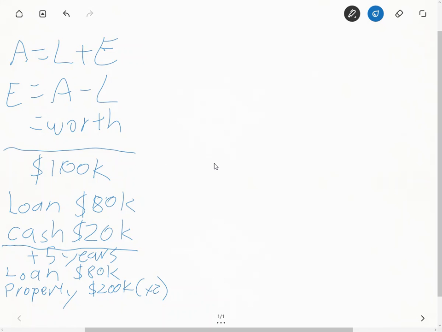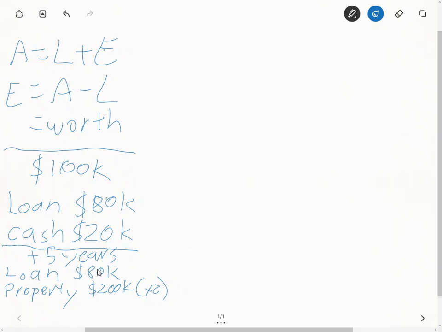Let's say you invested in a good area. Now, as you can see, the equity of this house is the $200,000 property, which is the asset, minus the $80,000 loan, which gives you $120,000 in equity. That's how much it's actually worth. Now, remember, you invested $20,000. So if you sold that house in 5 years in the future for $200,000, you repay the $80,000 loan and you're left with $120,000 in cash.